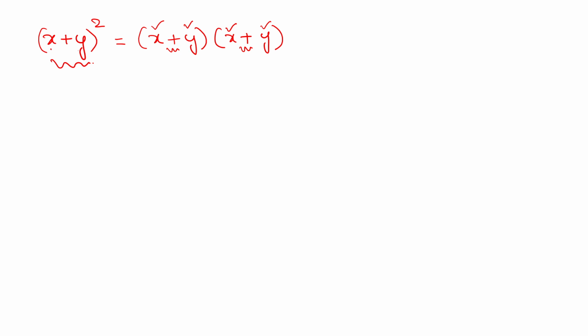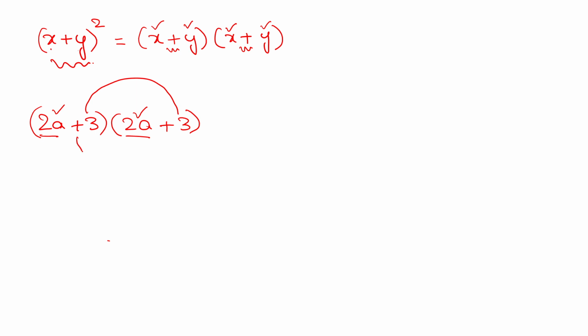Sir, can you explain? Yes. Let us take an example. 2a plus 3 times 2a plus 3. Check the first term: it is 2a and 2a. What is the second term? It is 3 and 3. Are the first terms and second terms of both expressions the same?